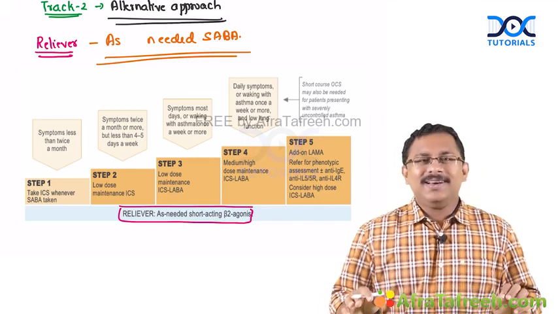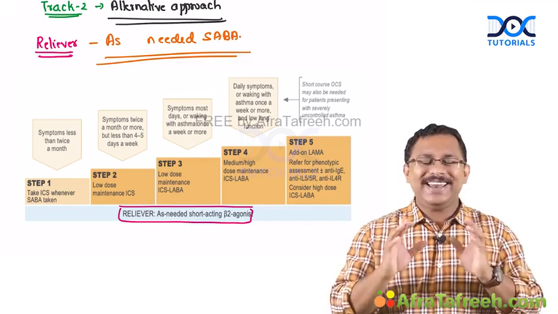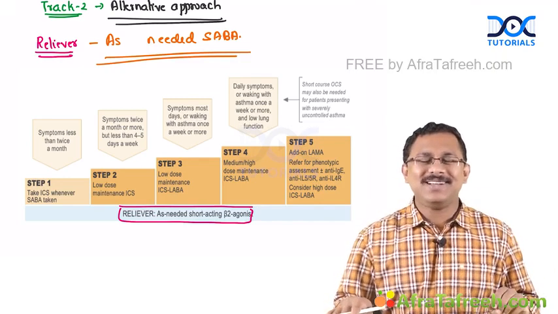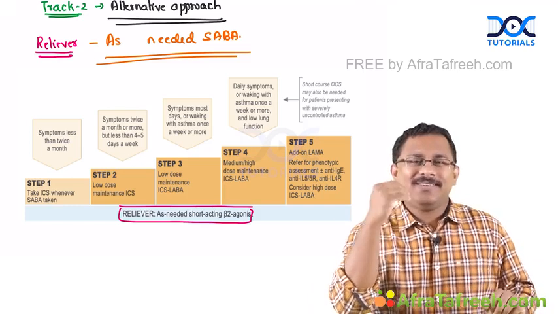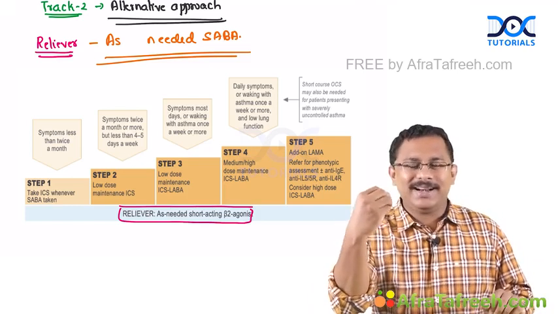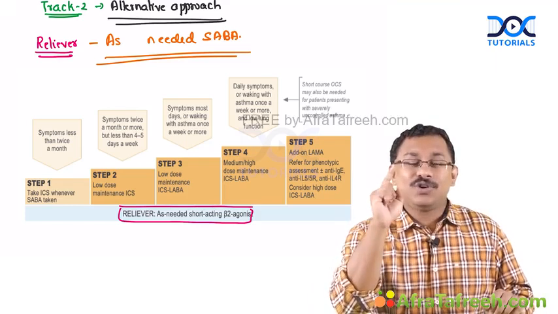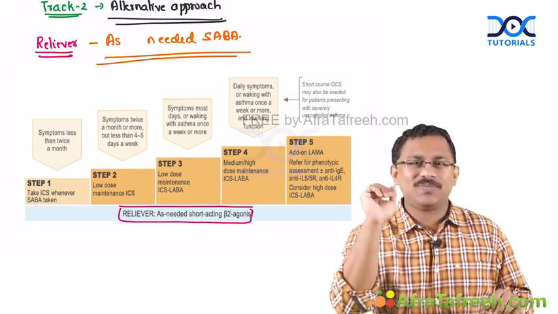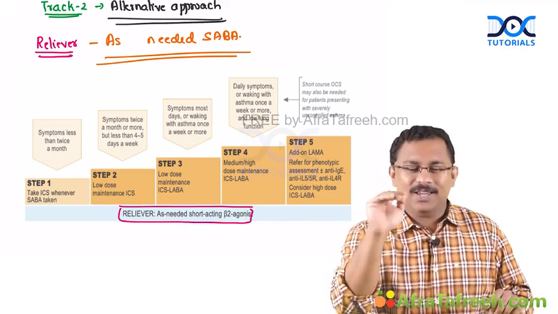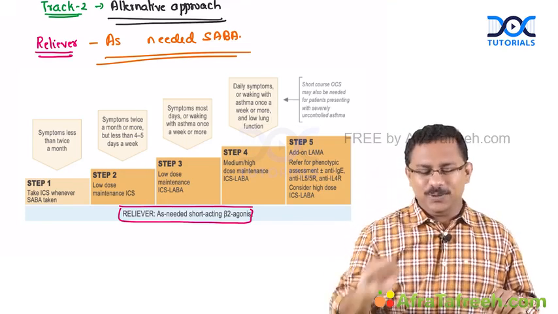Okay, all right. So this again is a bit of an interesting area, because remember I told you from 2019 we came to the understanding that we should not go for a SABA only treatment for an acute episode. Yes, I stand by that even now. Why? I'll tell you.